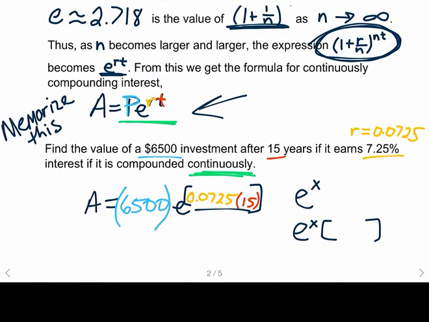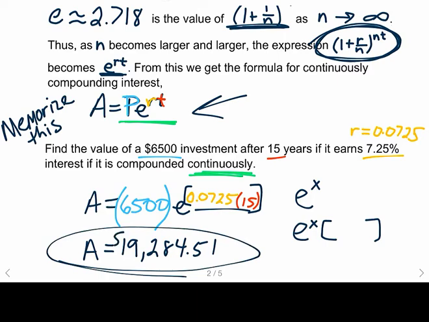But for right now, to check on your calculator, essentially, I'm going to crank out the number, and I get that A is approximately $19,284.51. I need you to round correctly, and it'd be good to identify money using a dollar sign.